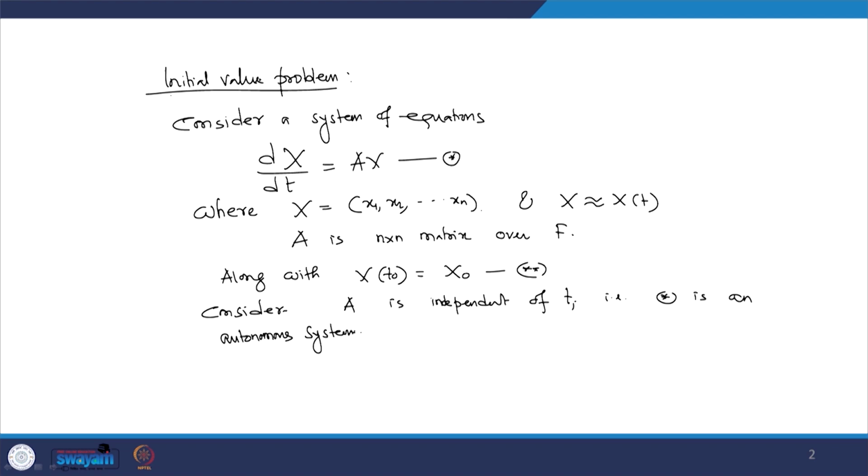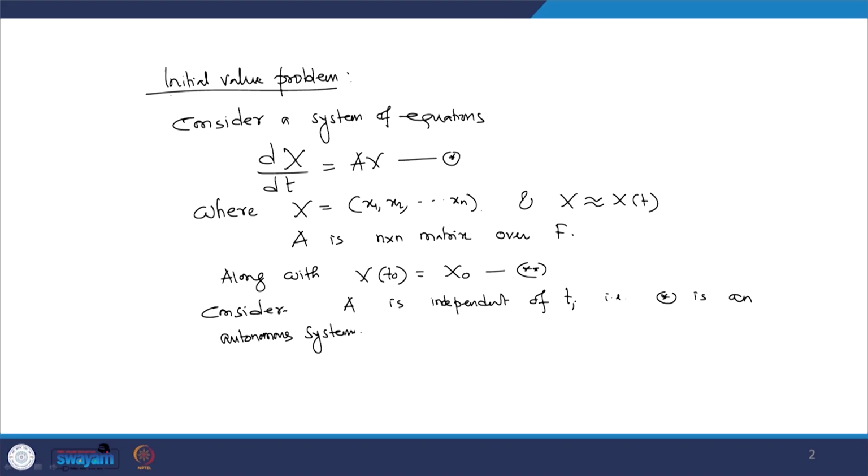So, in this case, to find the general solution of the system star, since A is an n cross n matrix, I mean capital X belongs to an n dimensional space. So, I will have n linearly independent solutions of star. So, the general solution must consist of n linearly independent solutions.